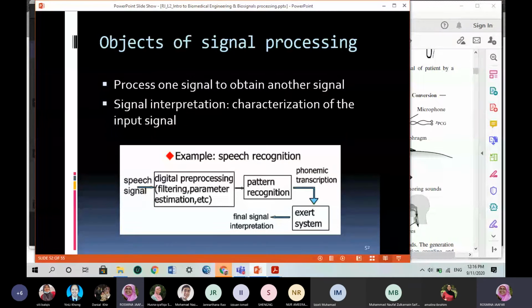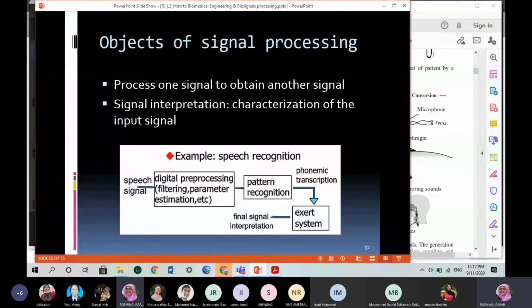Objects of signal processing: process one signal to obtain another signal. And signal interpretation is characterization of the input signals. For example, in a speech recognition system, the speech signal enters digital pre-processing, where inside we have the filter and the parameter estimation.